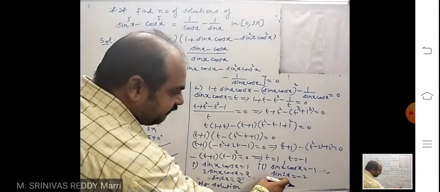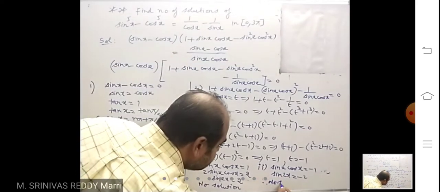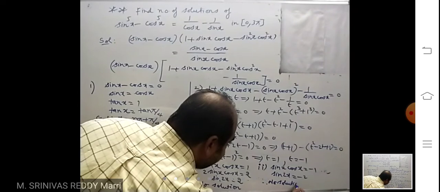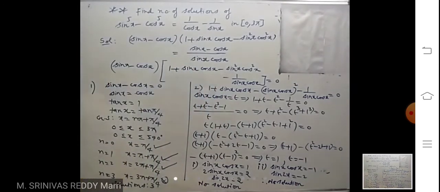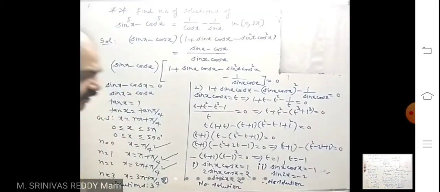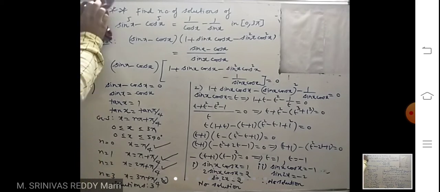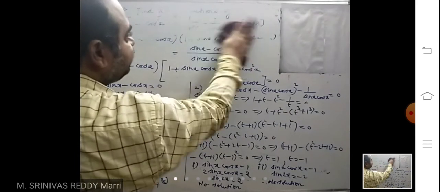Sin 2x will always lie between minus 1 and 1. Therefore, no solution. That means in this second case, you have not found any solution. Therefore, how many solutions are there for the given equation?